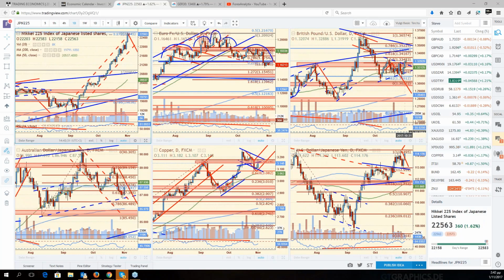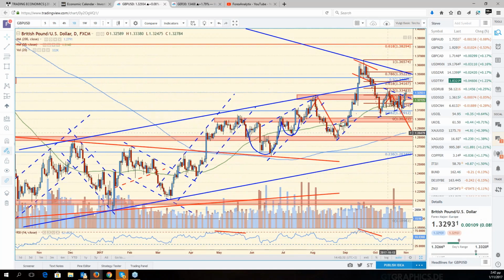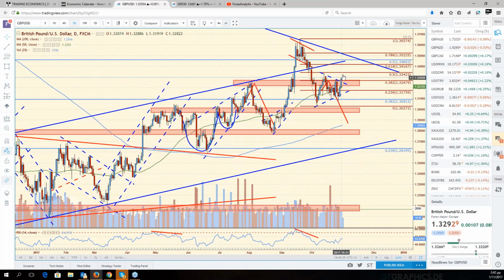Cable, yeah, another one I want to mention. Cable seems to be breaking above this triangle resistance, obviously ahead of the BOE. I think it's a bad idea committing because we had a technical event, because this might end up being another type of formation, for example an ABC.